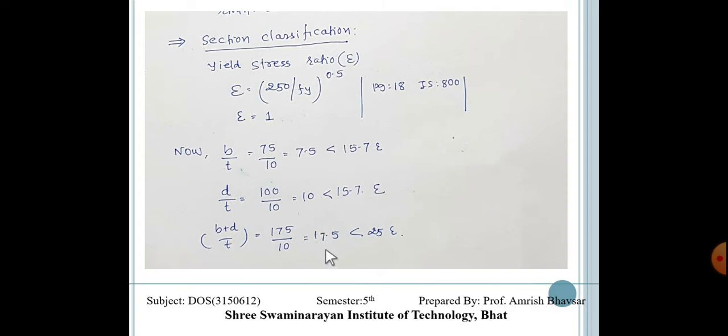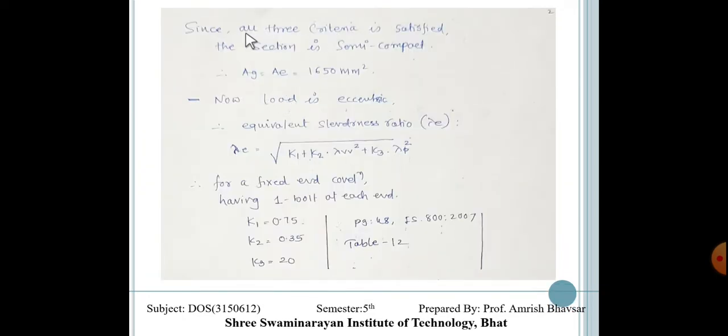All three values are less than the limiting values given on page number 18 for semi-compact, so we can consider that our section is semi-compact. Since all three criteria are satisfied, gross area is equal to effective area, that is Ag equal to A, which is 1650 mm square.